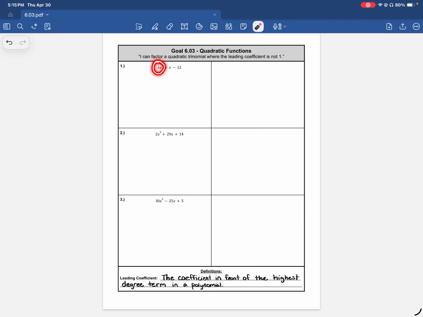For example, 6 is the leading coefficient, 2 is the leading coefficient, 30 is the leading coefficient.